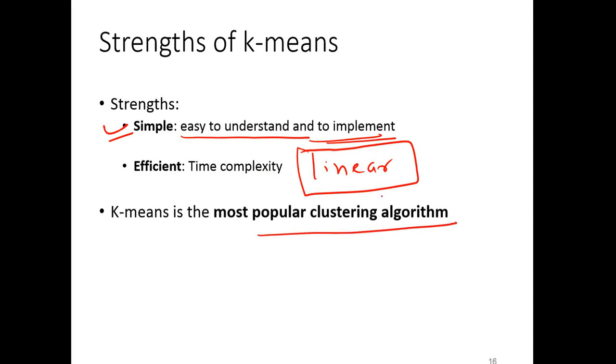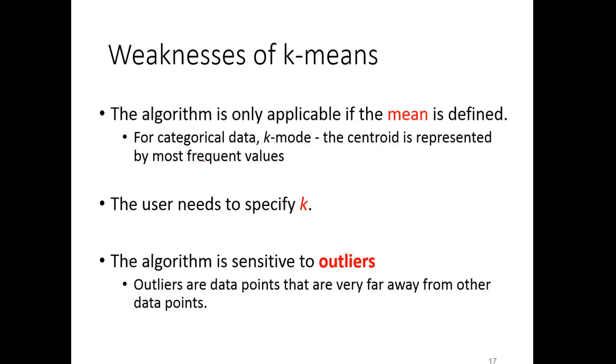But there are some weaknesses as well. The algorithm is only applicable if the mean is defined, and many times your mean wouldn't be defined, especially when you do not have numeric data. In that case, you won't have a mean, right? So k-means is not applicable in those cases. The user needs to specify k.